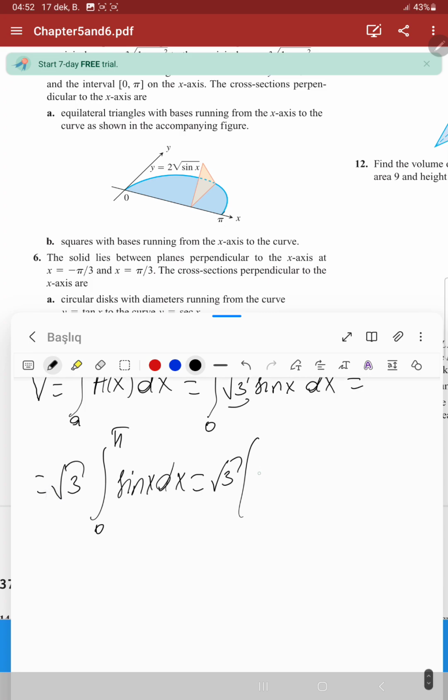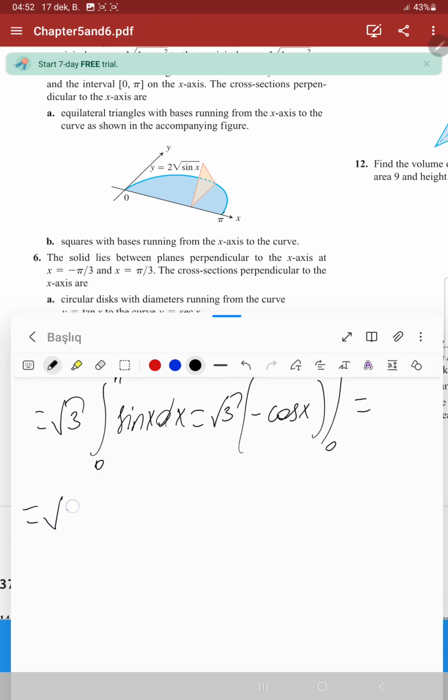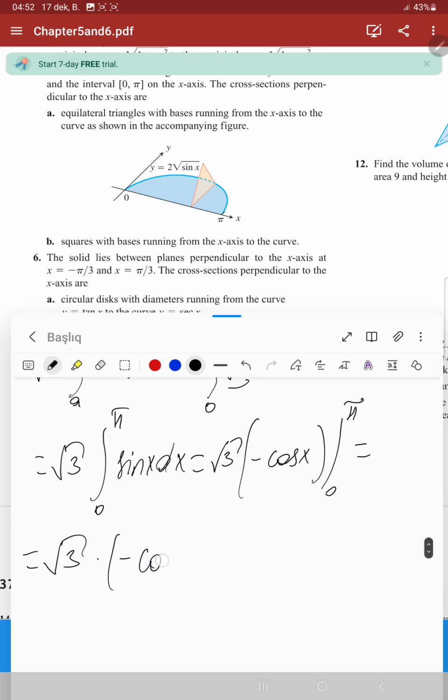The integral of sine x is minus cosine x from 0 to pi, which equals square root of 3 times minus cosine pi minus minus cosine 0.